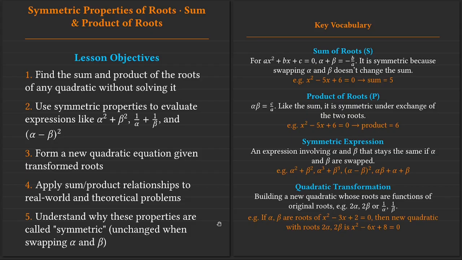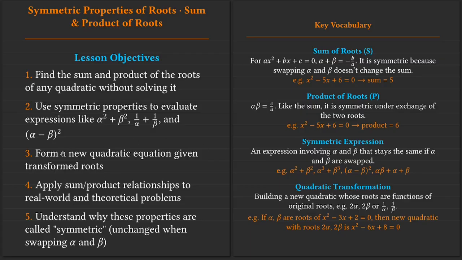In this lesson, we are looking at symmetric properties of roots, that is, sum and product of roots. By the end of this lesson, you should be able to find the sum and product of roots of any quadratic without solving it. You should be able to use the symmetric properties to evaluate expressions like alpha squared plus beta squared, 1 over alpha plus 1 over beta, and alpha minus beta all squared.